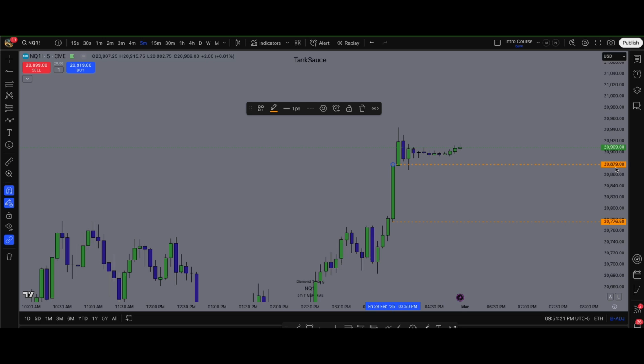And if you're using a full size contract on NQ, 400 ticks is $2,000, right? Or 400 ticks with one micro is going to be $200 because they're worth 50 cents. So you can make a ton, and you can also get wrecked, because if you get in on the wrong side, say you thought it was going to come down right here and you entered in 5 minutes, if you're not trading responsibly, you can lose 2 grand very easily.